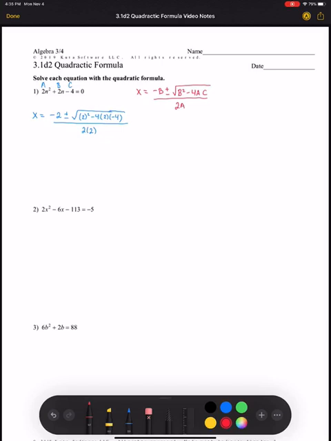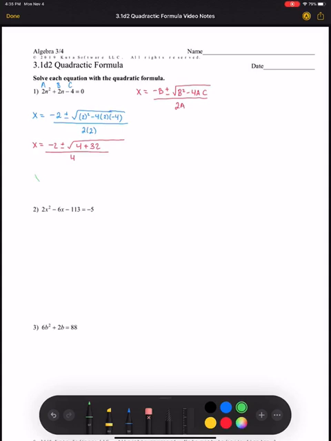Okay, so we're going to go ahead and start simplifying here. I can't do anything with the negative 2 out front, so it's going to stay for now. I have plus or minus the square root. 2 squared is 4, and then I have negative 4 times 2, that's negative 8, times 4 is negative 4, is a positive 32. All over 2 times 2, which is 4.